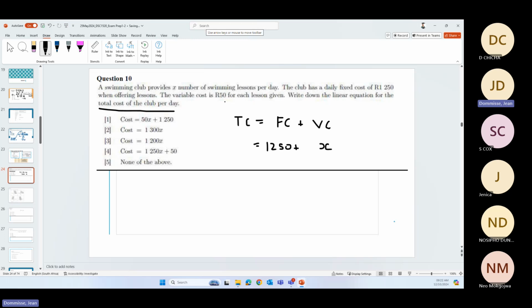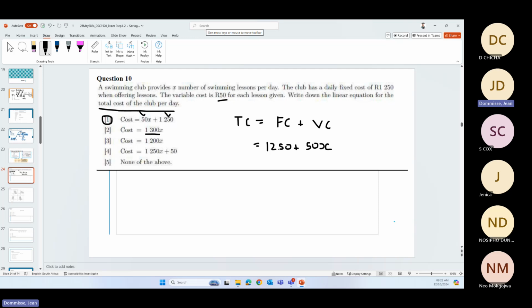The variable cost is 50 Rand per lesson. Okay, so there is our function. So fixed cost of 1250, variable cost of 50x. So our cost function is option 1, but just check some of the others.